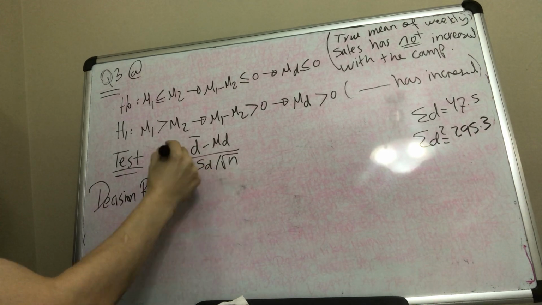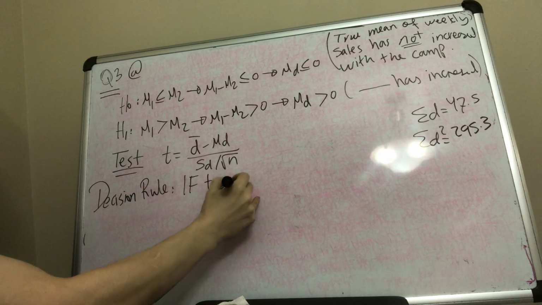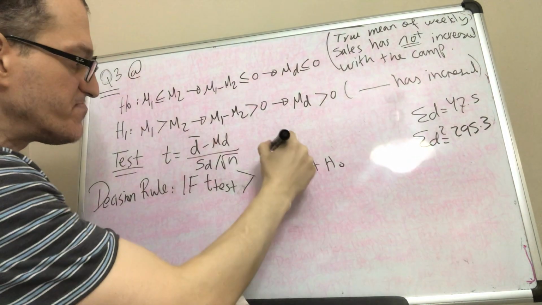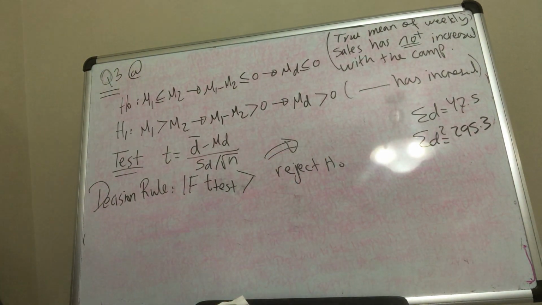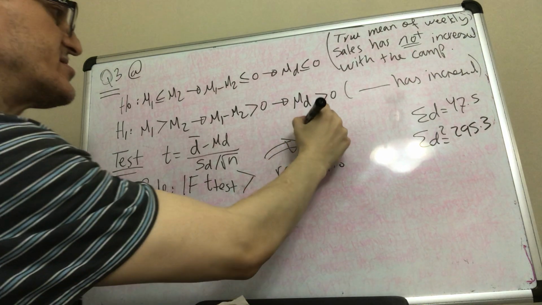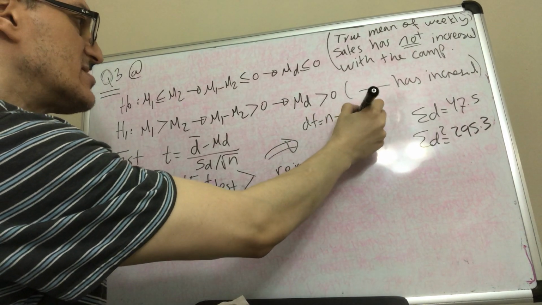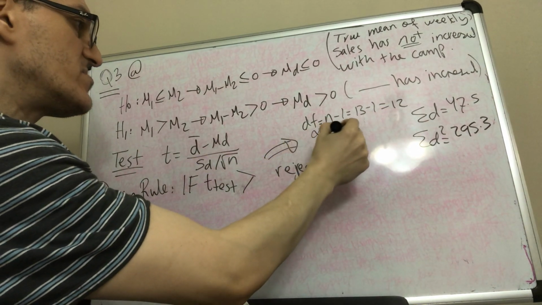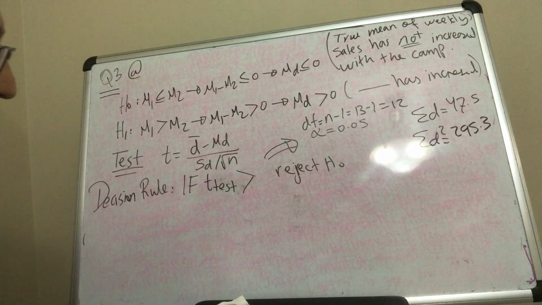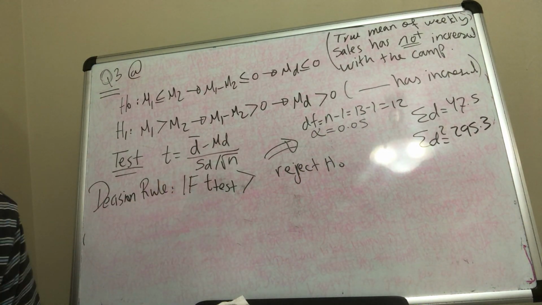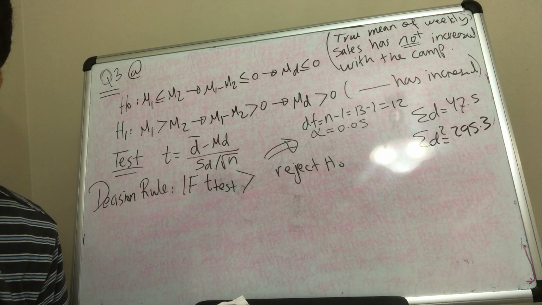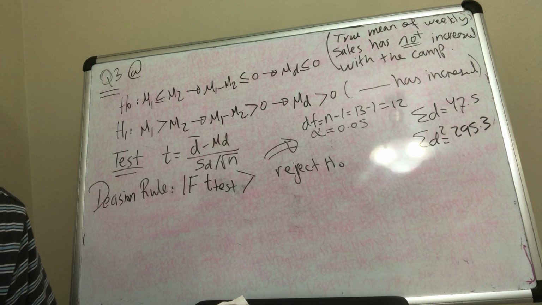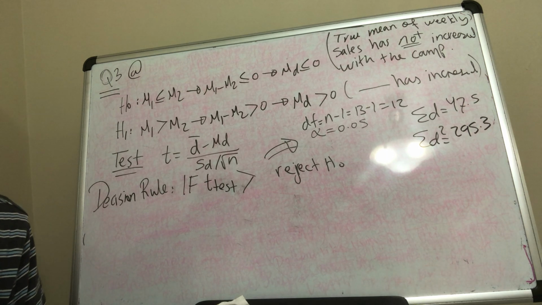So, one tail right, if your t-test is more, we reject H0. How do you get this number? We need degree of freedom, n minus 1, that's 13 minus 1, 12. And we need alpha, it's 5%. We don't need to divide it by 2 because it's one tail system. So you go to your t-table, 5% with the degree freedom 12.